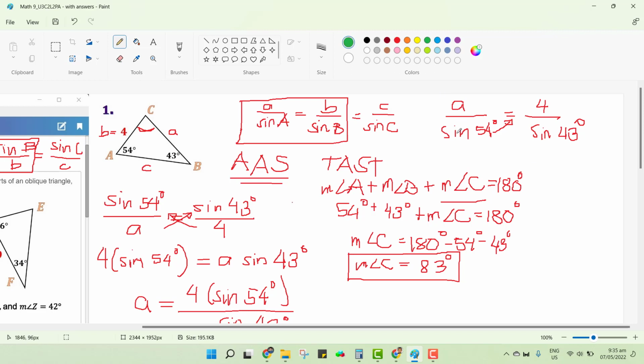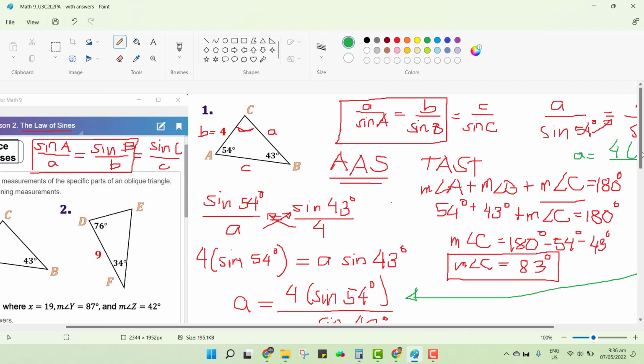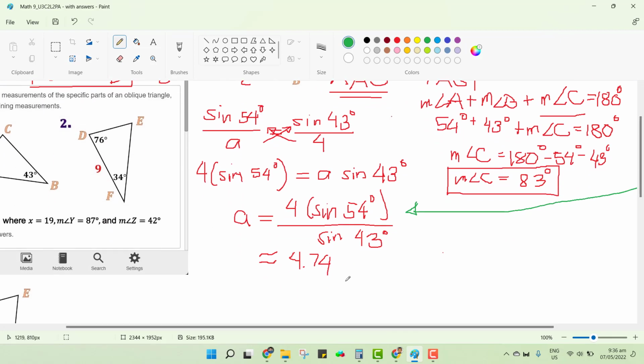You will get the result here, which is A is equal to 4 times sine 54 degrees all over sine 43 degrees, which is actually the same as this expression here. So any of the two could be used to solve for this one. So you have here this result, 4.74, using the computation.